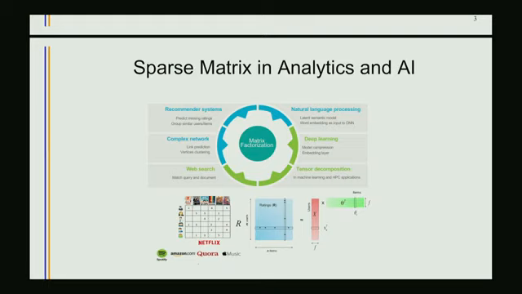But with this brave new world of AI, we also see sparse systems. I'll give you a few examples. Let's take the recommender system in Netflix, or the recommender system in Amazon. We all know what it is. But let's think about it for the moment.